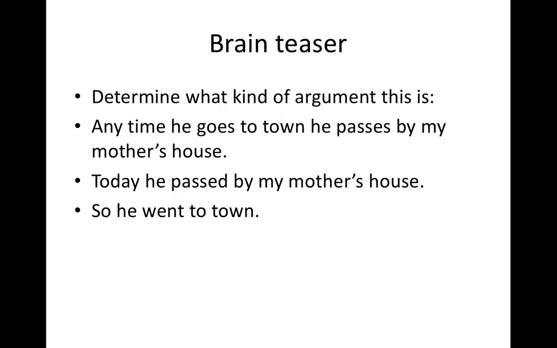Anytime he goes to town is the antecedent. And then the consequent? Passes by my mother's house. Okay. So is it an argument that affirms or denies the antecedent, or it affirms or denies the consequent?